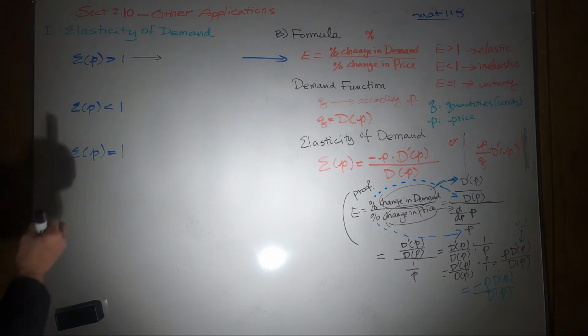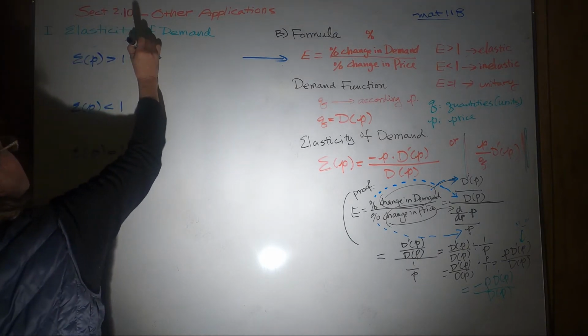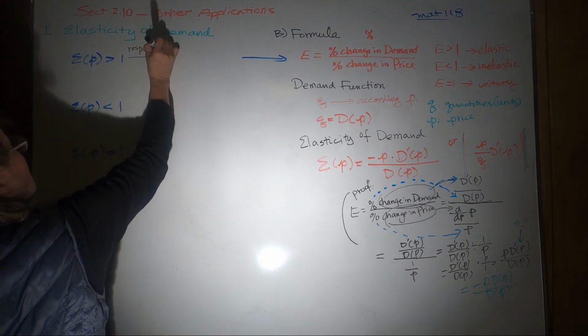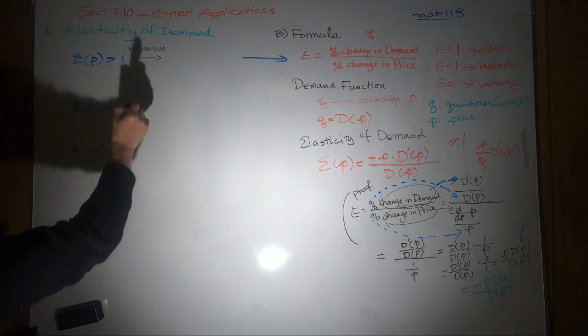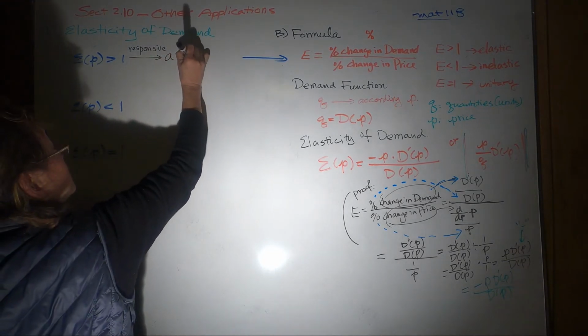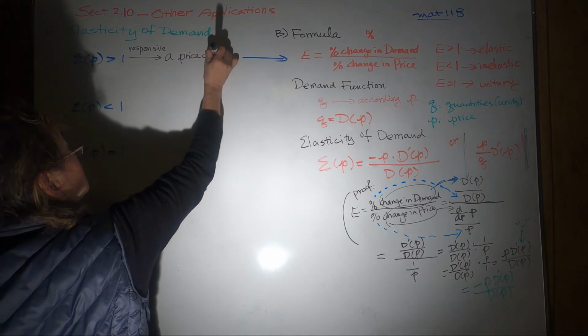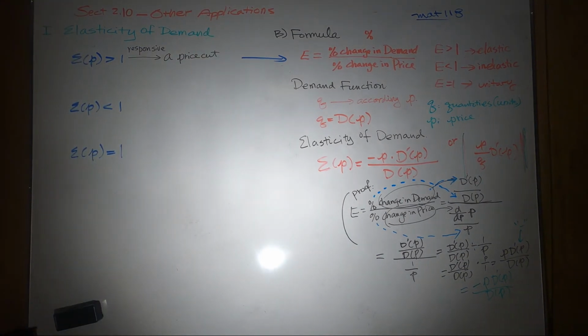Elastic. So it's responsive, right? Quantities are responsive to the price change. So it means what? If you have a price cut, what will happen? What do you think?